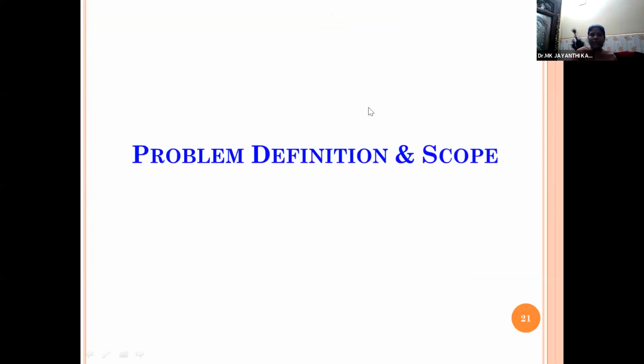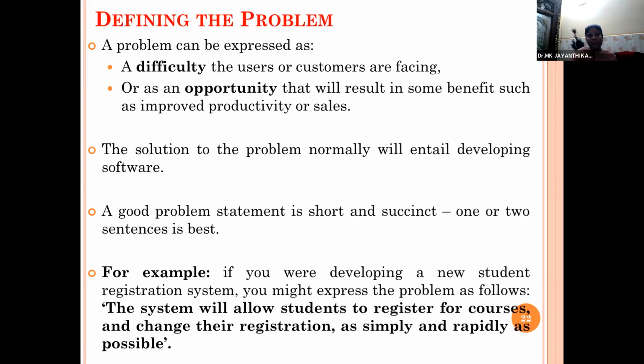So based on the domain analysis, we will go for the problem definition and scope. Once the domain is identified, we need to identify the problem. Defining the software problem: a problem can be expressed as a difficulty that users or customers are facing in the existing process.